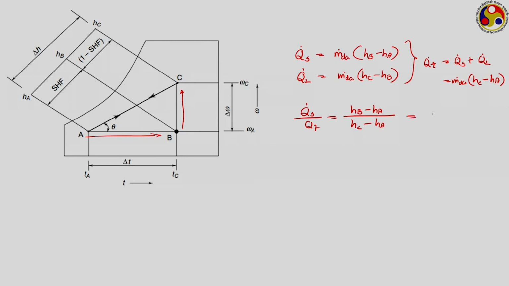This particular factor is called the sensible heat factor, SHF. Similarly, the latent heat transfer part by the total heat transfer, that is Hc minus Hb by Hc minus Ha, can also be written as 1 minus SHF. We do not need to define any other factor, because this is just 1 minus the sensible heat factor.